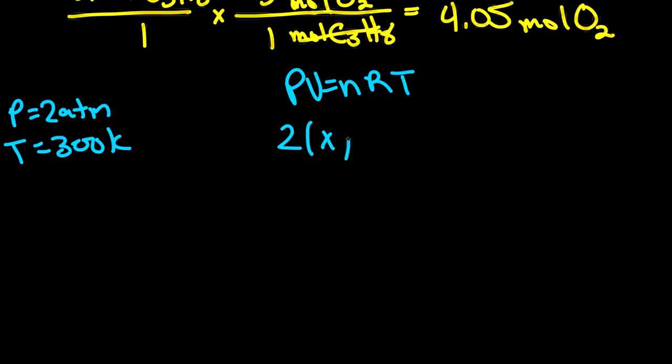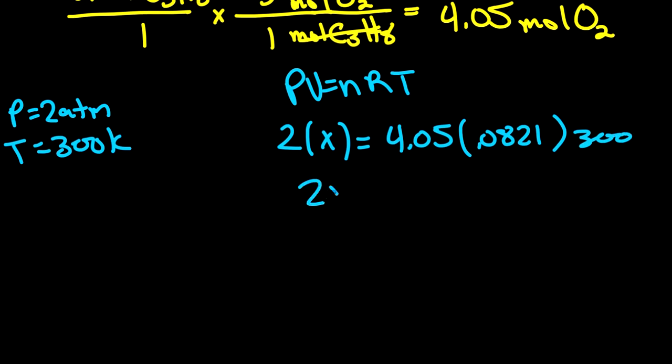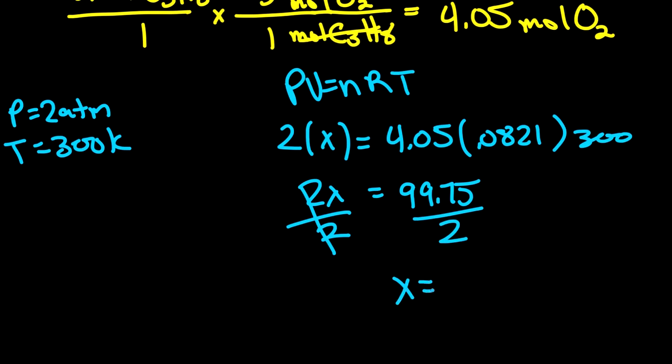V is what I'm looking for this time. n is 4.05. R is 0.0821. Temperature is 300. 2 times V is 2V. 4.05 times 0.0821 times 300 gives me 99.75. Divide by the value with V, that cancels. 99.75 divided by 2 gives me 49.88.